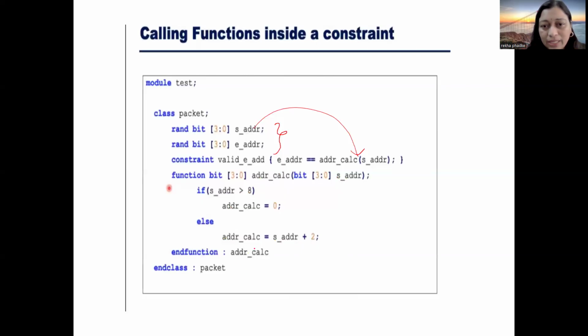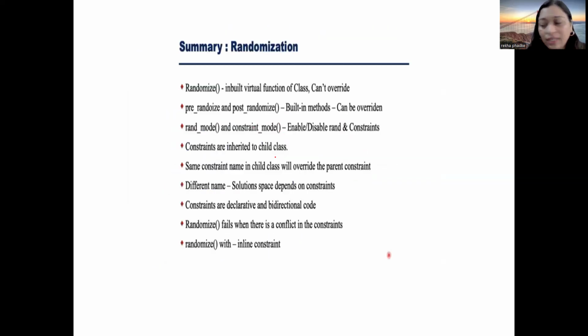So it all depends on the value of s, and e_addr will now depend on this. So this is returned and that gets assigned to e_addr. You can work on this and understand how it really works.